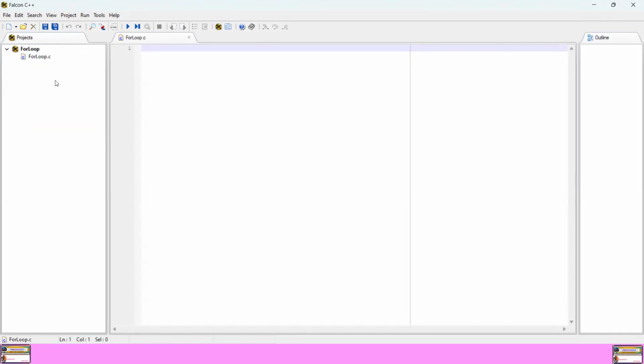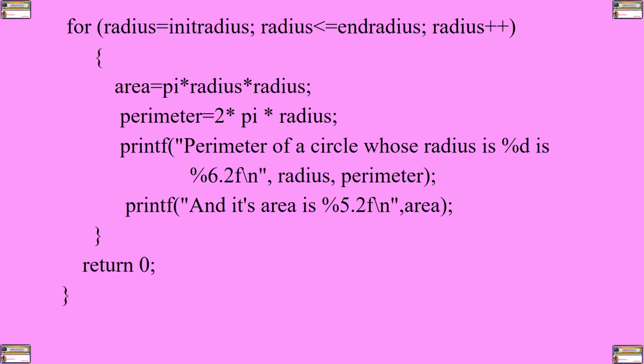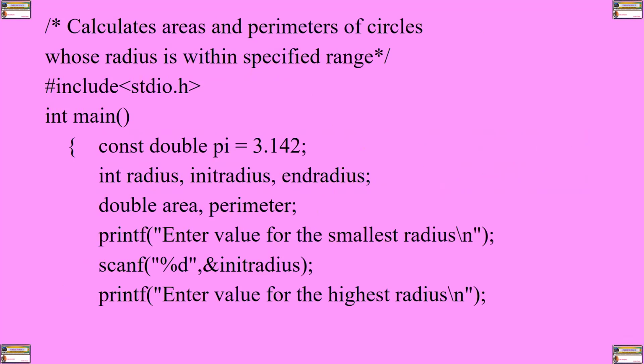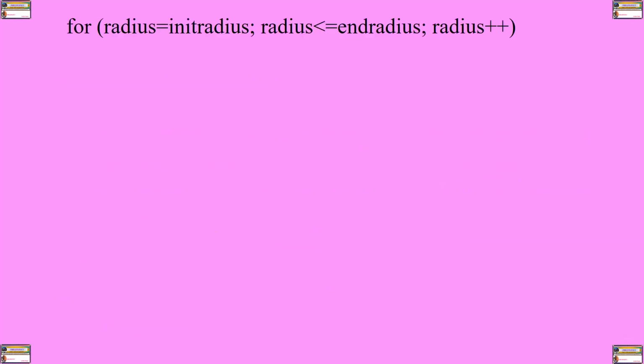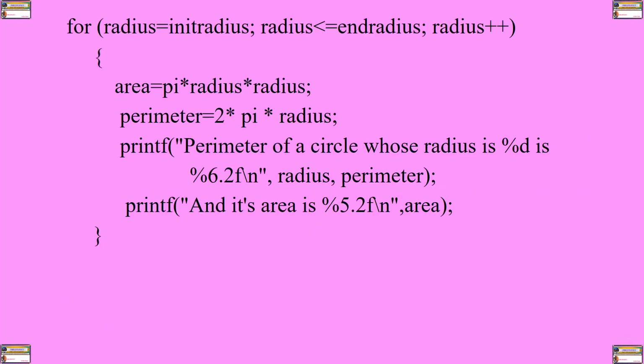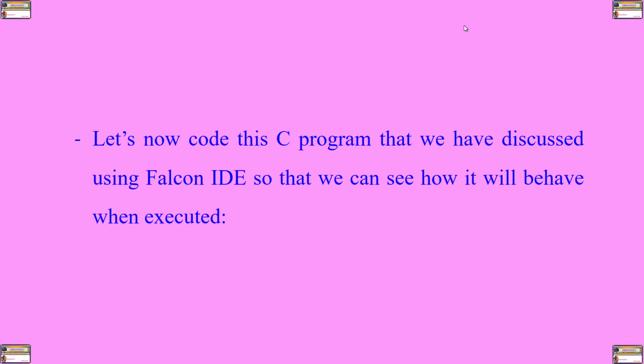You can see the name is for loop.c. From there, we now type our program in the IDE here. So you type this set of statements or the source code just as I've explained. In this editor section, you are expected to type this program that we have discussed line by line up to the end. So let's have our program in our IDE.